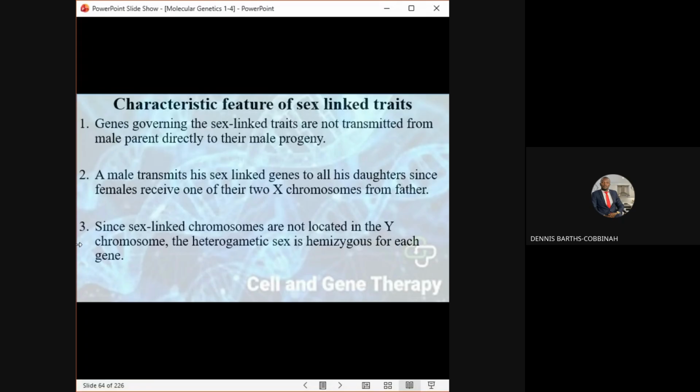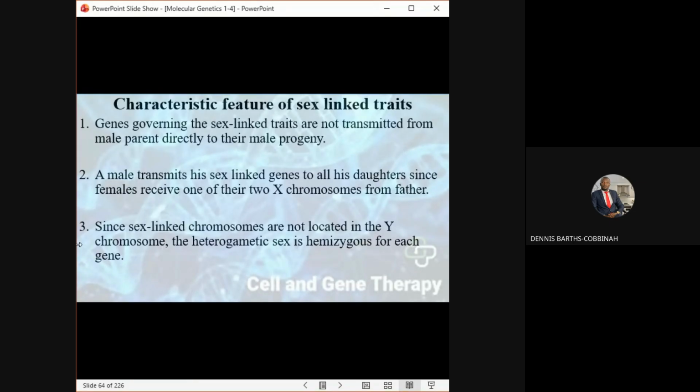Since females receive one of their two X chromosomes from the father, like I have explained earlier, the male has no choice than to give the X chromosome, which has the defective X-linked gene, to the daughter.